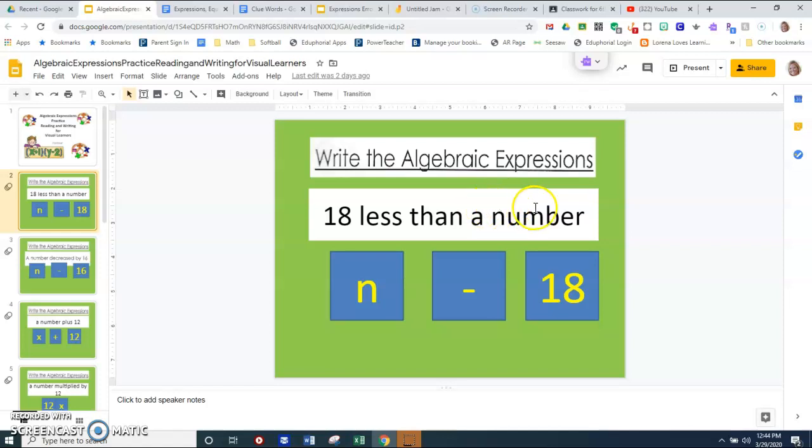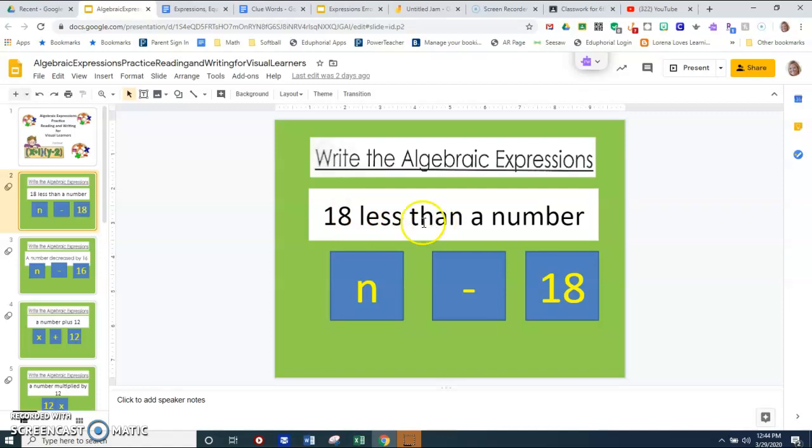So now where my variable was at the end of that sentence, it now goes to the front when I write it. So that now becomes a number minus 18. I reversed the order. I took the 18 and put it at the end, and I took a number, the variable, and put it at the beginning. Because 18 less than something means I'm taking 18 away from something. If it's going to be less than that, that means subtraction. So you're looking at the word less and looking at the word than.